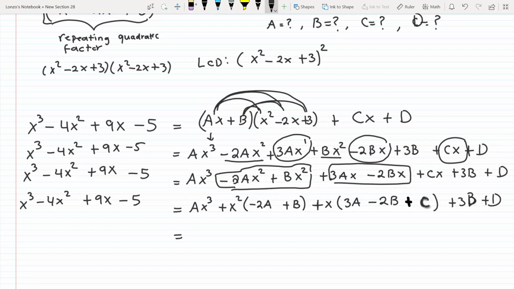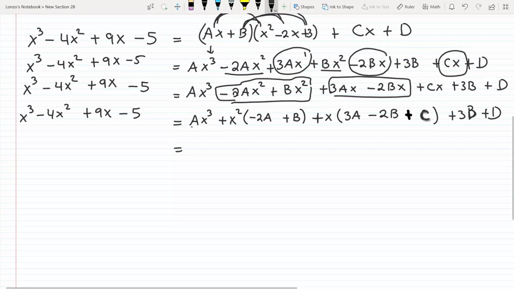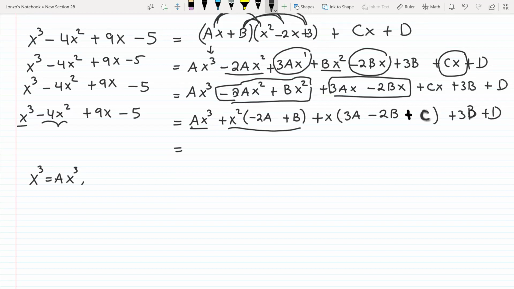Okay, and then what you're going to do next is kind of like line them up. So ax cubed kind of goes with x cubed, right? So you can set it up as x cubed equals ax cubed. So what I'm doing is basically making equations. And then negative 4x squared kind of lines up with this because they both have an x squared.